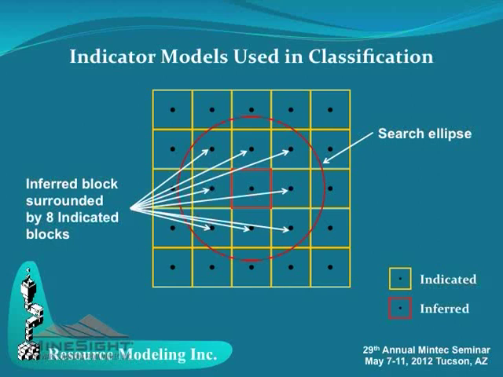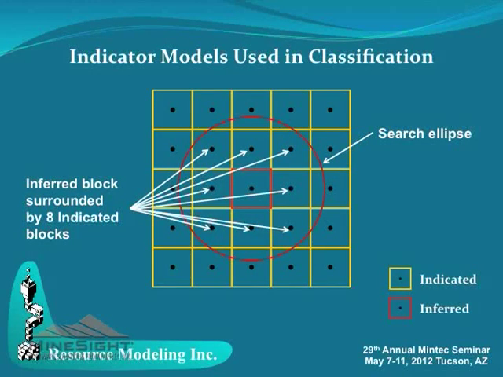With that number stored in the block, you can run a user calc and say that if my inferred block is surrounded by, let's say, 6 blocks that are indicated, maybe we should reclassify that inferred block to an indicated category. It's surrounded by a sea of higher confidence blocks, so why is that one sitting there all by its lonesome?